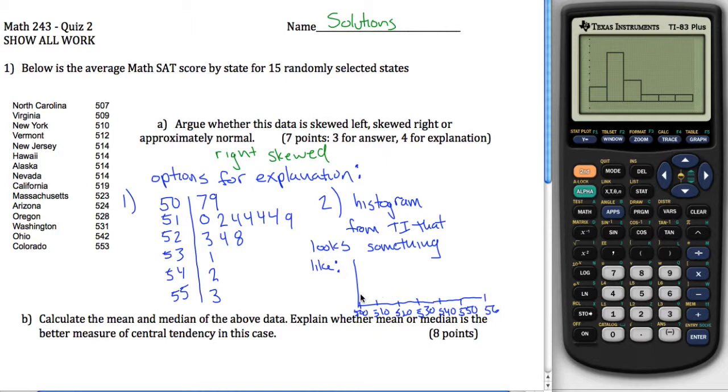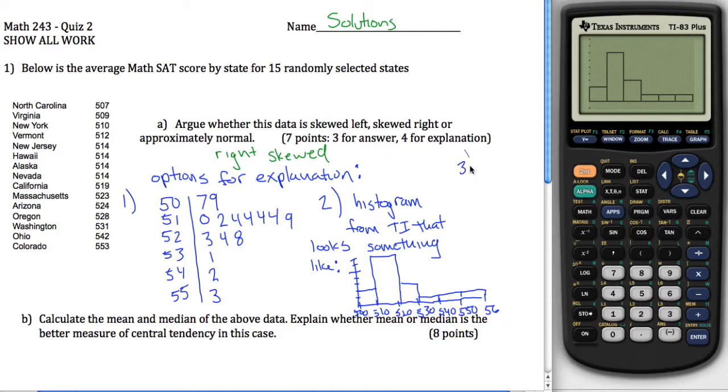And I have 2 observations in the first one, so 1, 2. I got 1, 2, 3, 4, 5, 6, 7 observations in the second one. My third one, from 520 to 530, I got 3 observations. And then I have 1 in the remaining 3. Get a histogram that looks something like this.